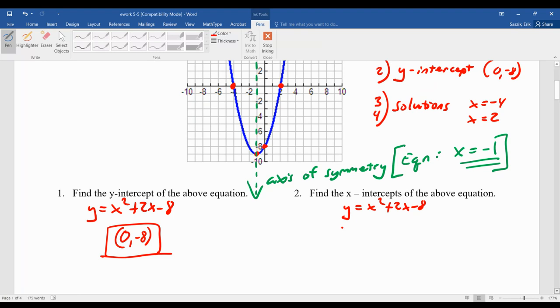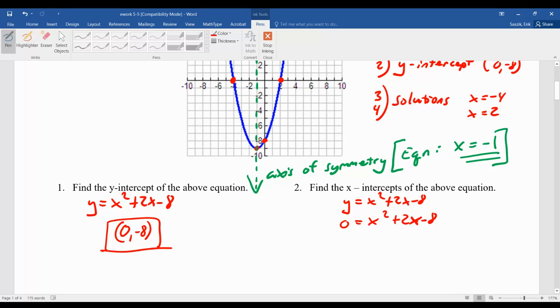Remember, x-intercepts means that y is 0. So I'm going to change that, and then I'm going to think about, hey, this leading coefficient's 1. I'm thinking I could maybe factor this, and I could factor pairs of 8.